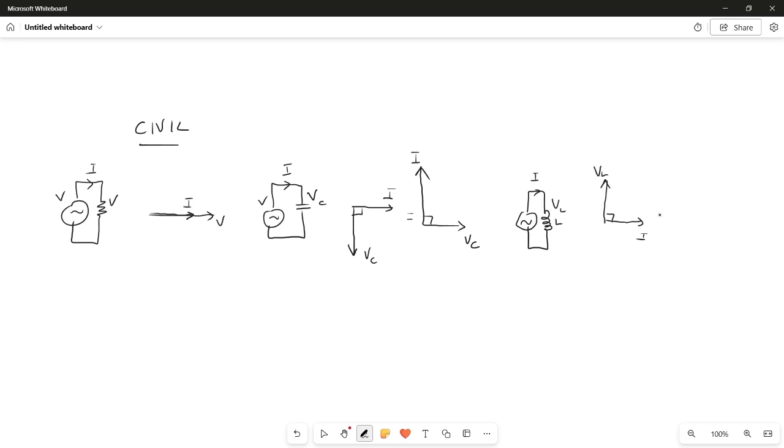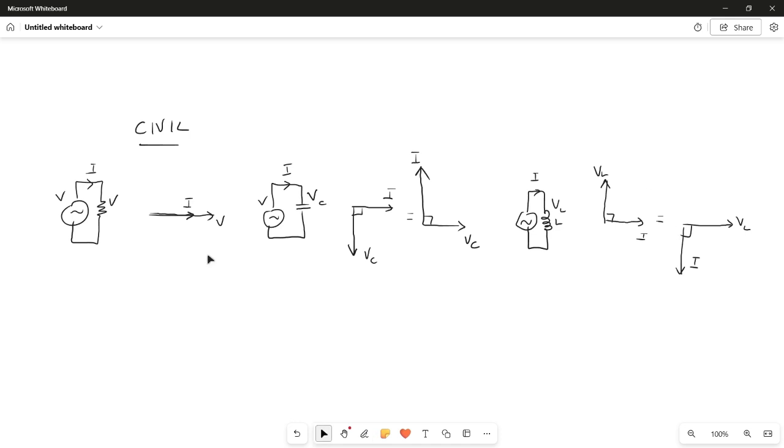Okay, 90 degrees. Or in the same way, if this is my VL, then my current will be down here. It's the same thing. So remember, this is 90 turning anticlockwise, so this is 90 degrees ahead of that.